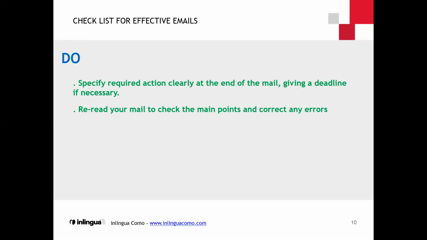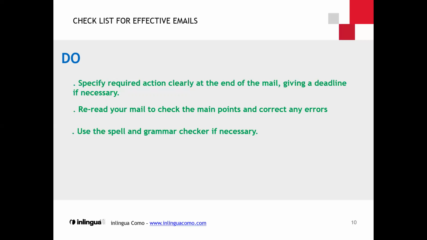Reread your mail to check the main points and correct any errors. Usually, when we are writing emails, we're always rushing. Now, the important thing is that we have time to go back, reread our email, and check that we have, for example, corrected the grammatical errors, any punctuation marks, or that the email is clear and understandable.